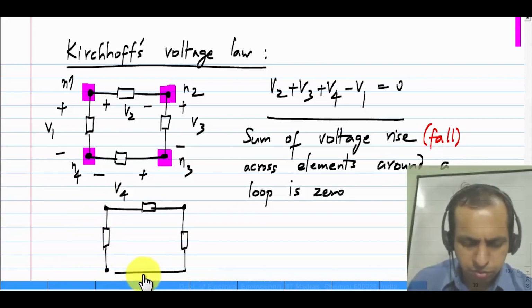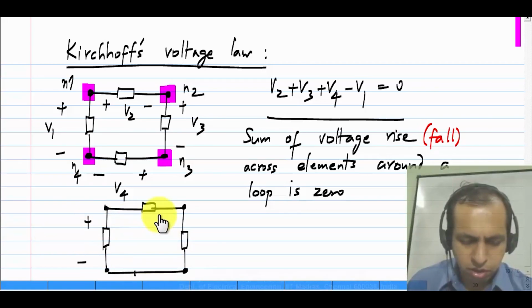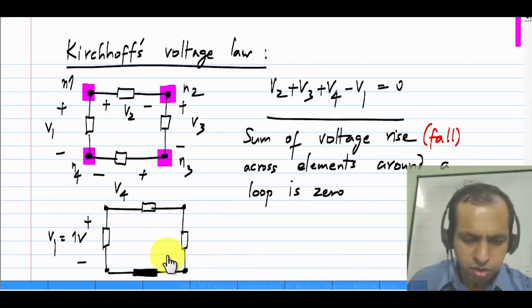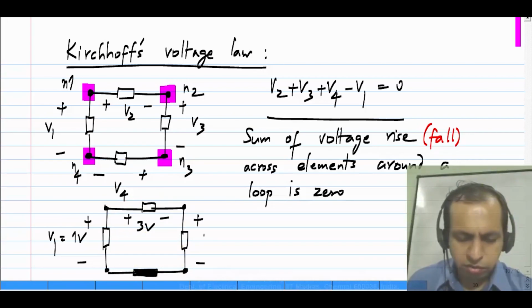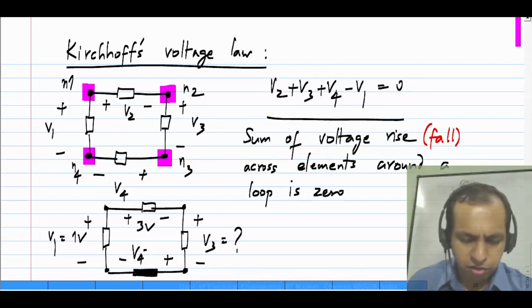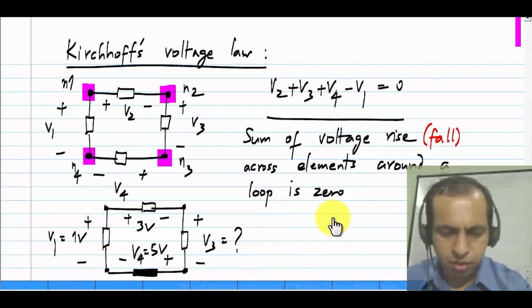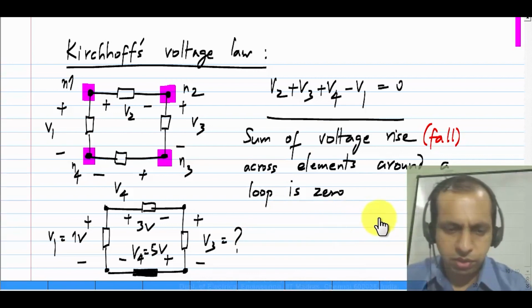Why is this useful? Let us say you know that, let me take the same circuit again. This V1 is 1 volt, V2 is 3 volts, V3 is unknown, and V4 is 5 volts. What does it mean? This is equal to 0.